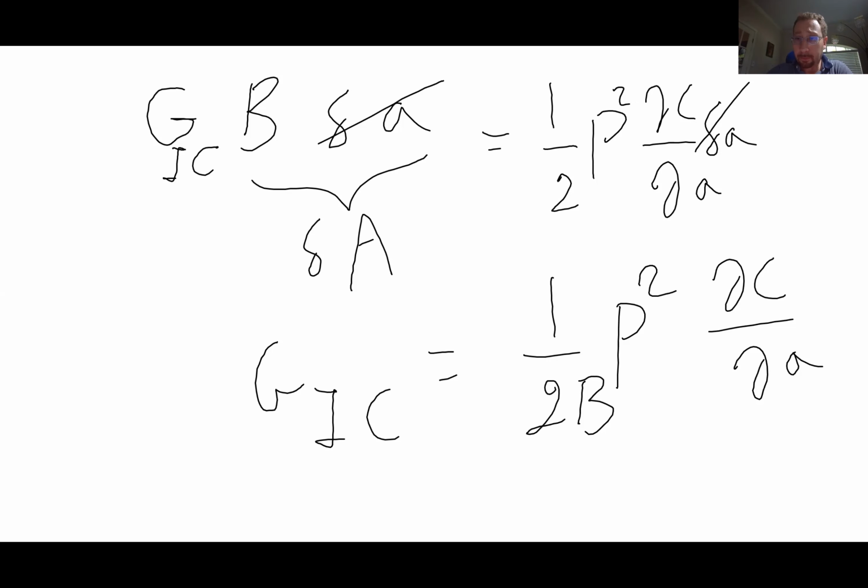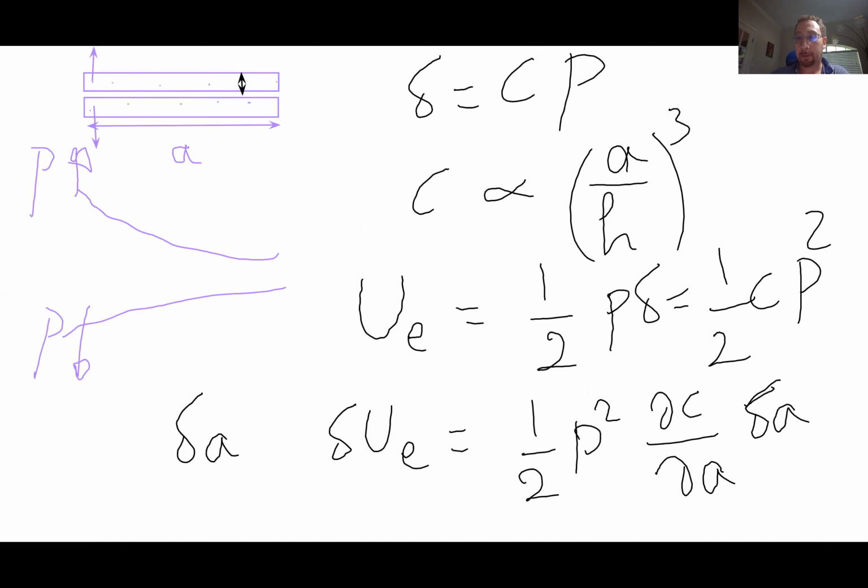Now, here's the problem. Now I go back to my slides, and this is the equation I wanted to put there. But because I know how C changes with A, that we derived here at this point.